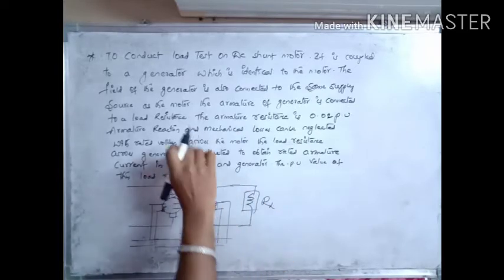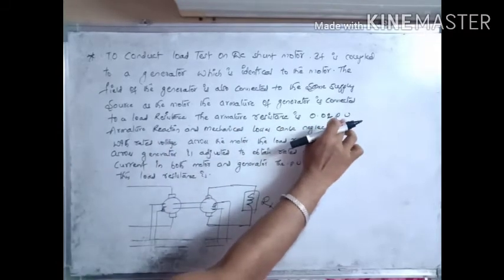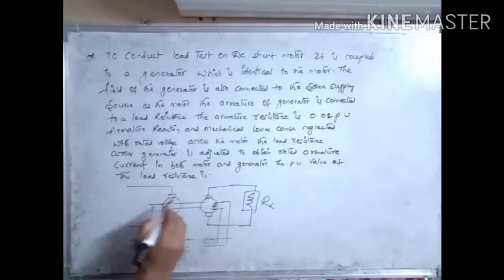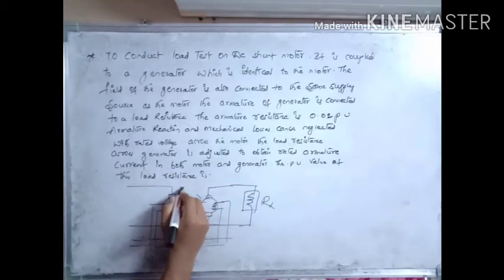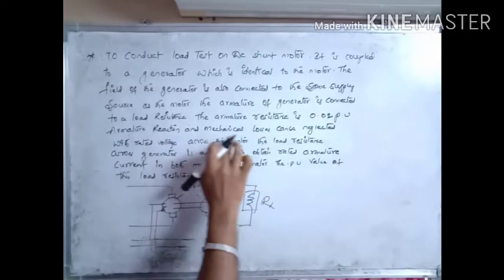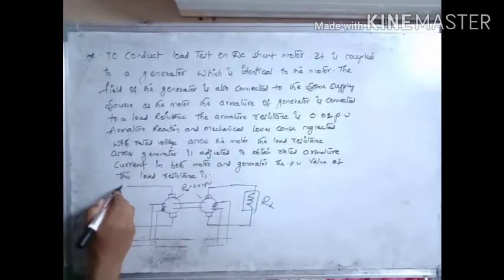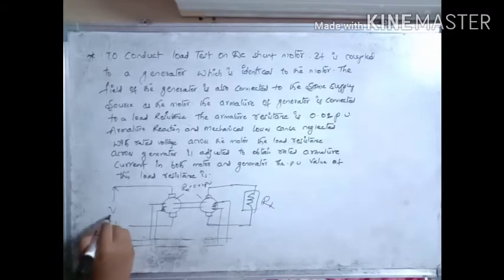The load resistance is RL, and the armature resistance is 0.02 pu. That is the armature resistance for both, because both are the same, so 0.02 pu. Armature reaction and mechanical losses can be neglected, with rated voltage applied across the motor. The voltage applied across the motor is the rated voltage.